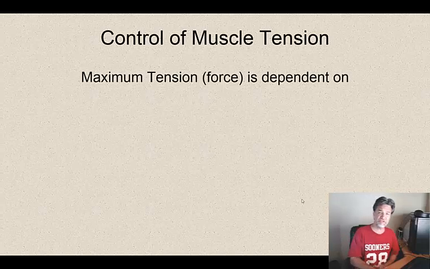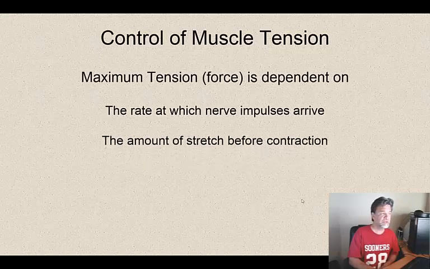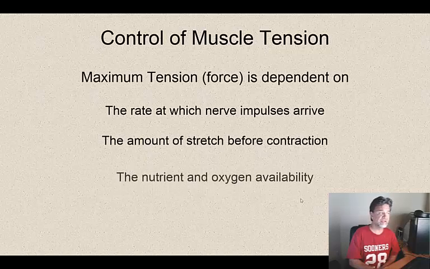So the maximum tension that we're able to develop on a muscle is dependent primarily on the rate at which those electrical stimuli arrive at the muscle, and what our stretch is. What is our resting length, or what is the length of our sarcomere? Is it scrunched up and already partially contracted? Is it stretched so far apart that we can barely start a contraction? Where is that sarcomere at?